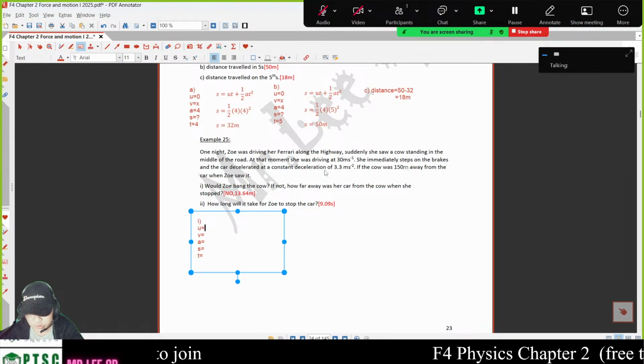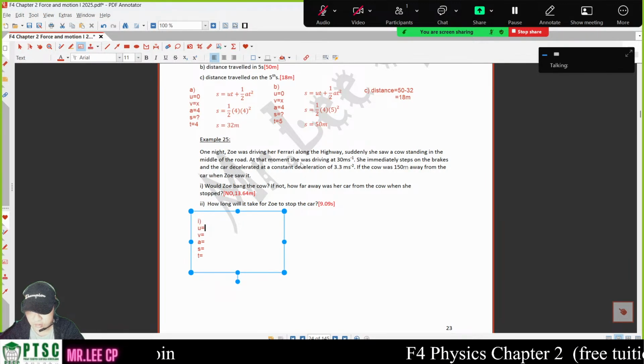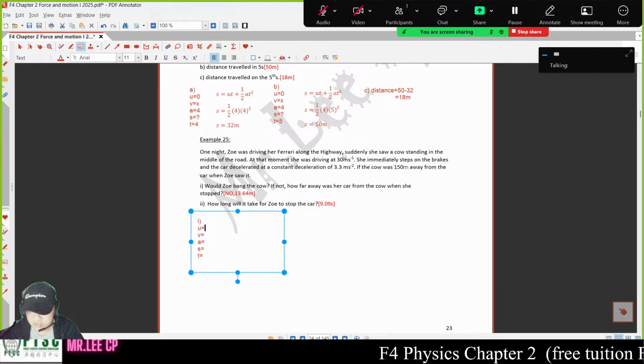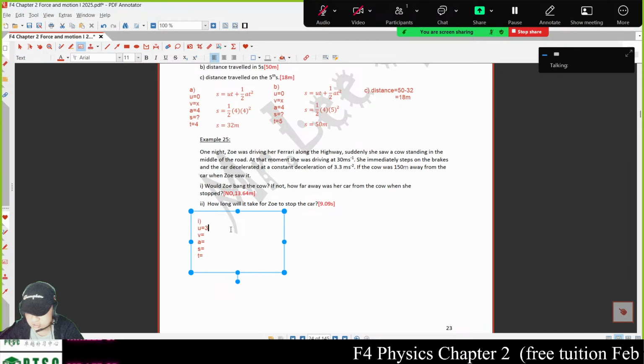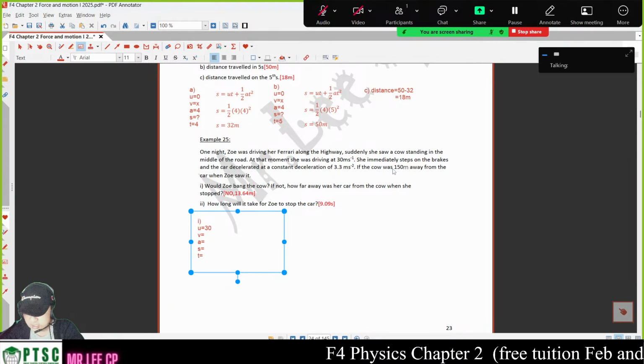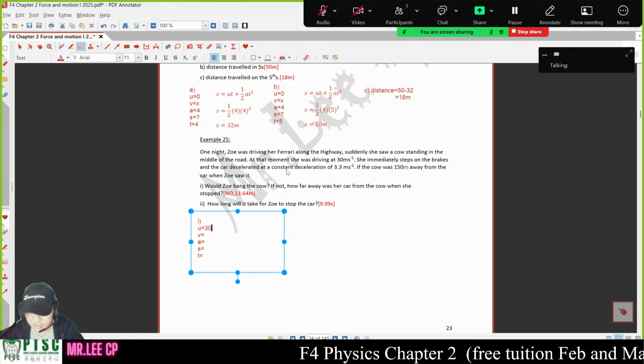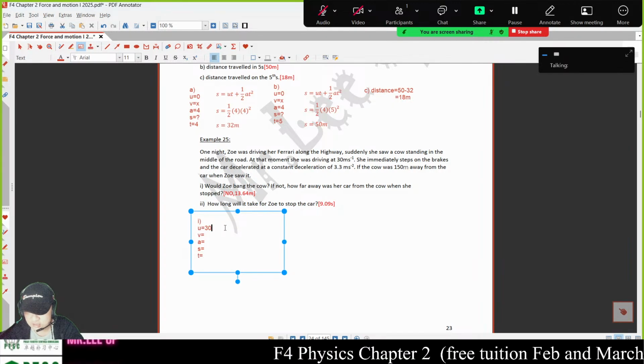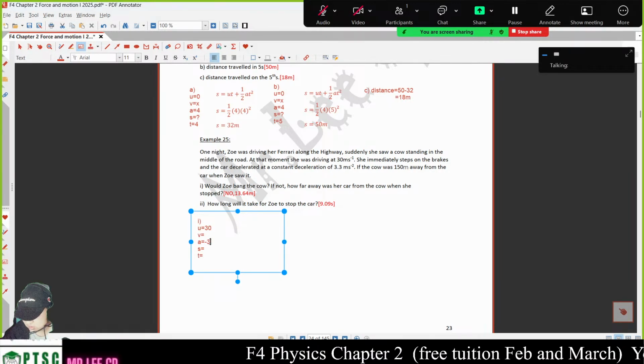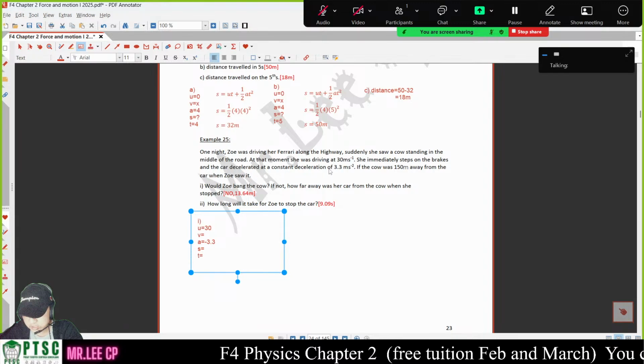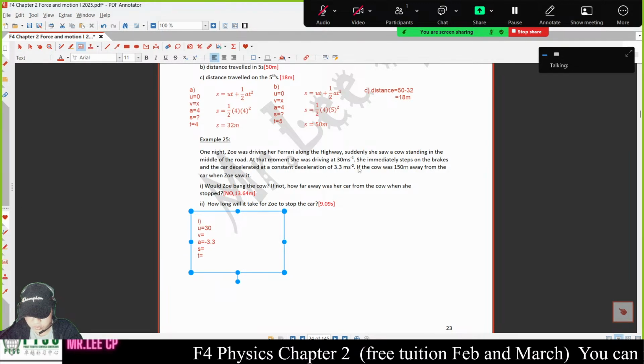So now at the moment she was driving 30. So this is U, 30, right? Then she stepped on the brake with constant deceleration of 3.3. A is negative 3.3. You look at the unit, decelerations are negative, right?